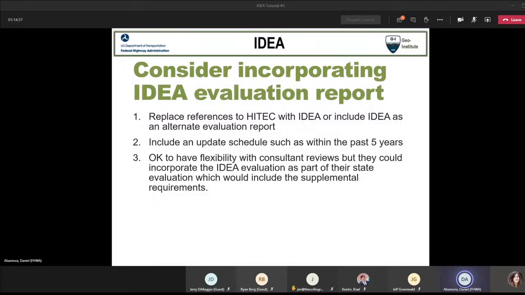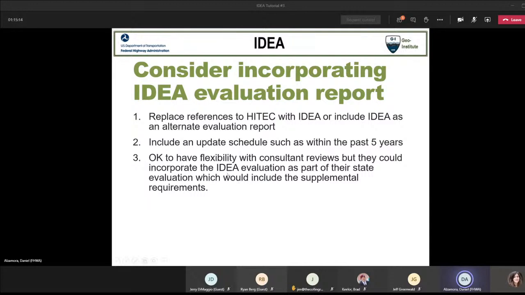But if a particular system has done an IDEA evaluation, the consultant doing that review would incorporate the IDEA evaluation as part of their evaluation, and their work would be adding the supplemental requirements, looking at that, and then coming up with some recommendations to the state based on their evaluations of the IDEA evaluation plus the supplemental information that's required.